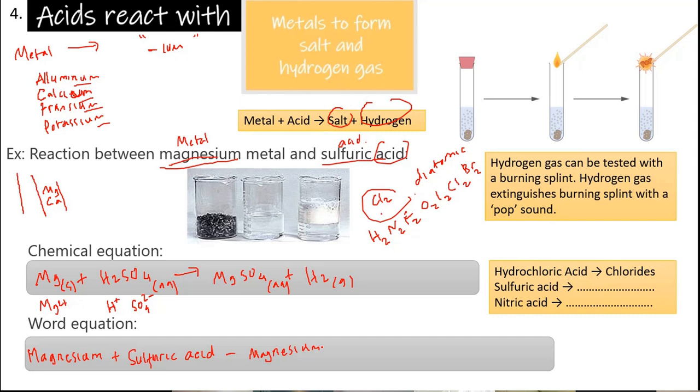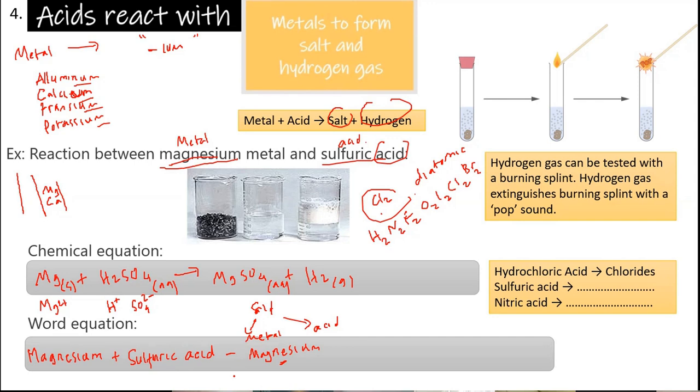To give the name of the salt, take the name from the metal plus the name from the acid. The name of the metal is magnesium, so the salt name starts with magnesium.